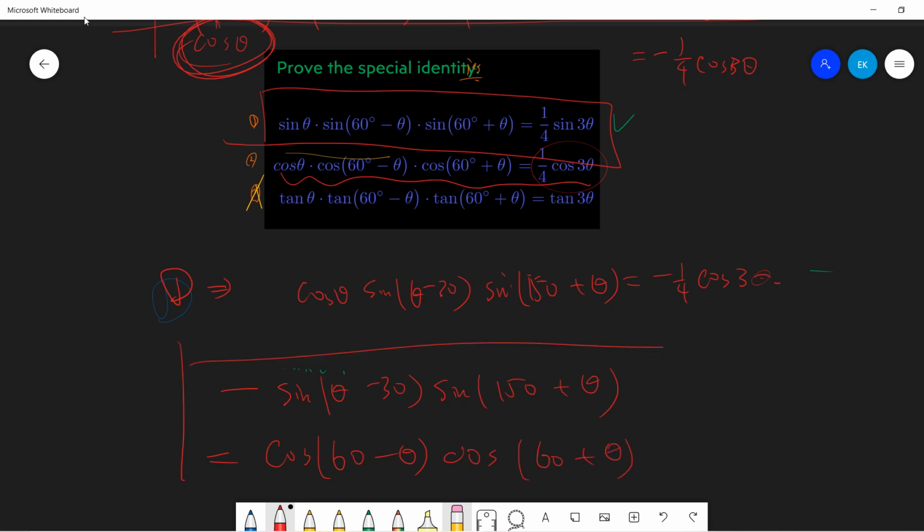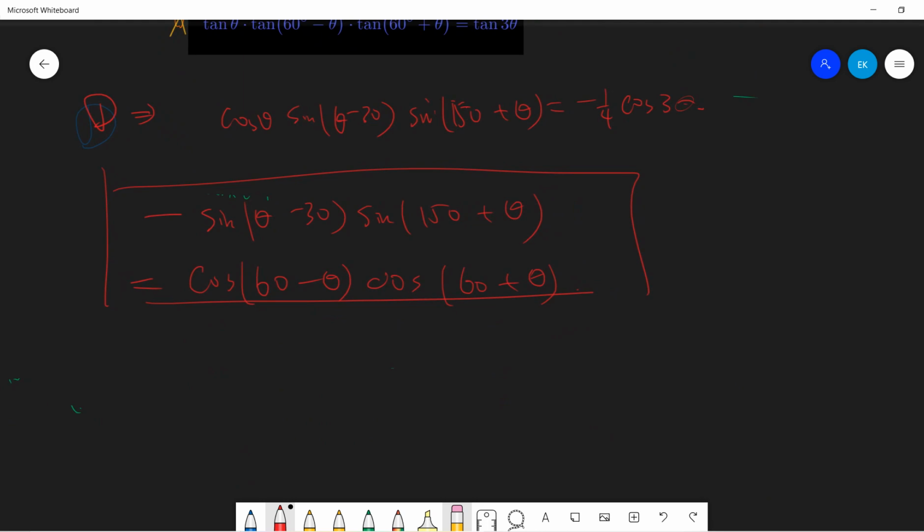So this is the final. If we can prove these things, then everything will be clear. How to do this? Let's see whether I can find a trick.